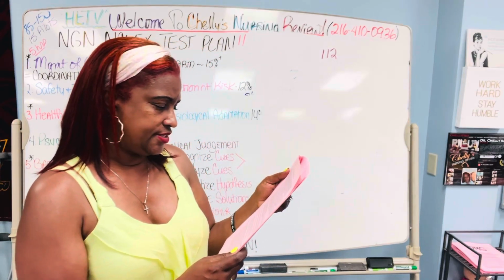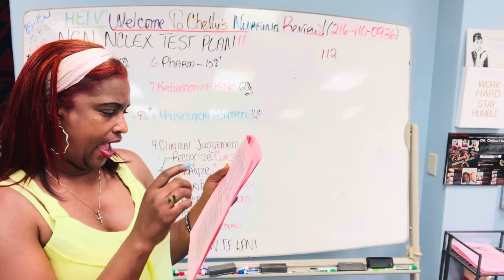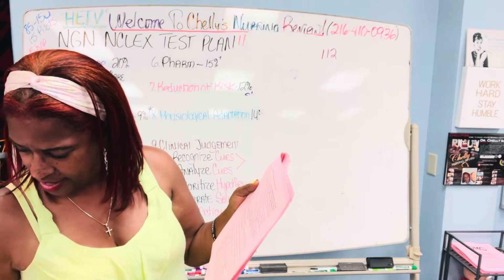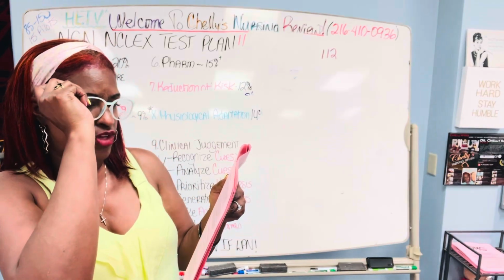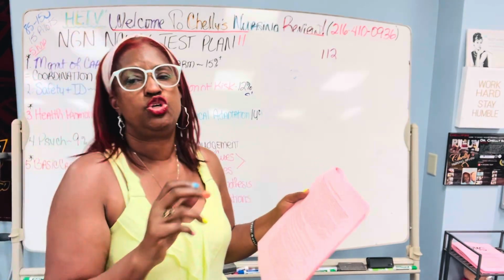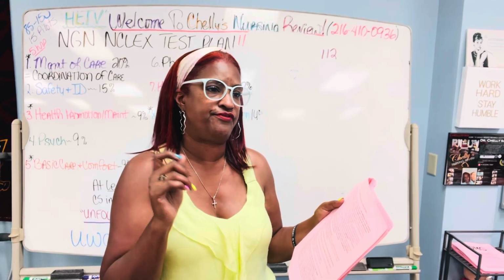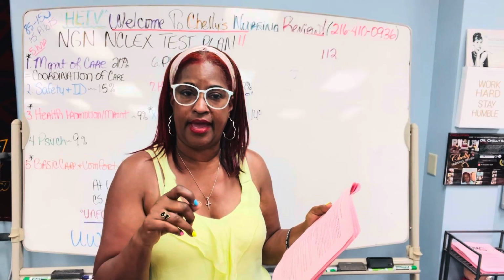If you can see that inserting a Foley catheter, find it on here. Oh, there it is. It's the third bullet point. You need to advance the catheter 2 inches for the female and 6 inches for the man.